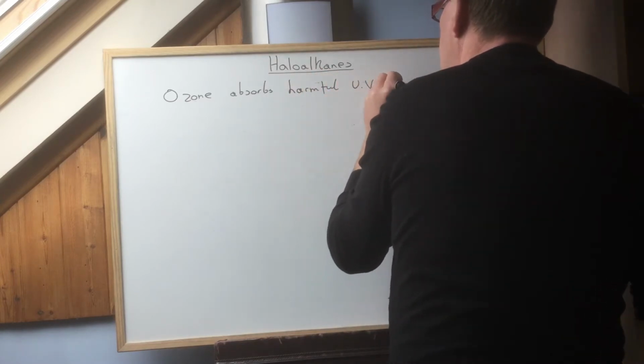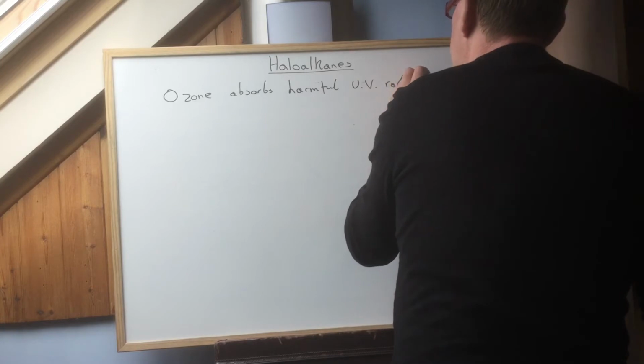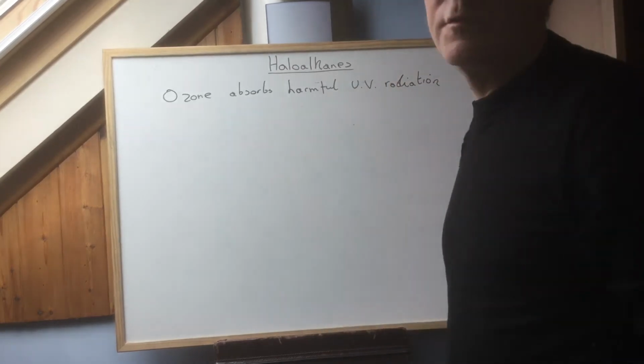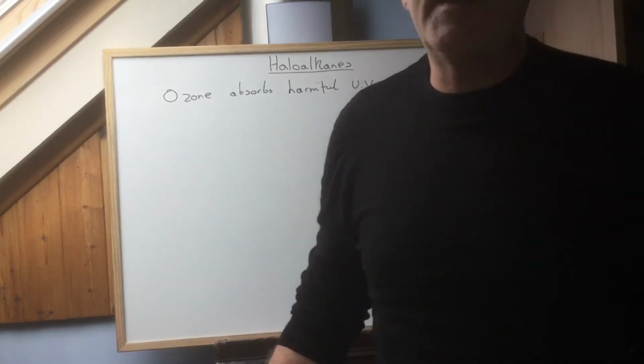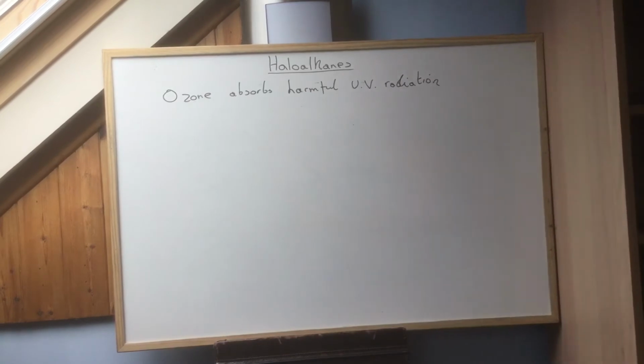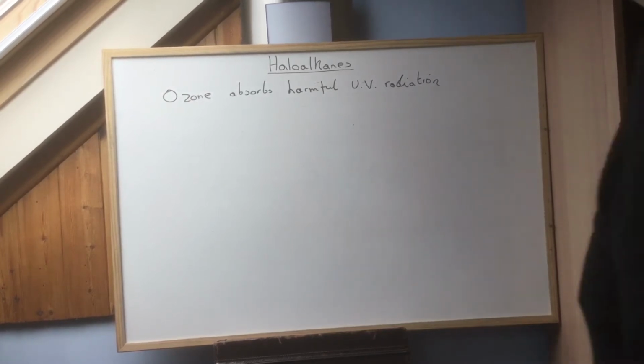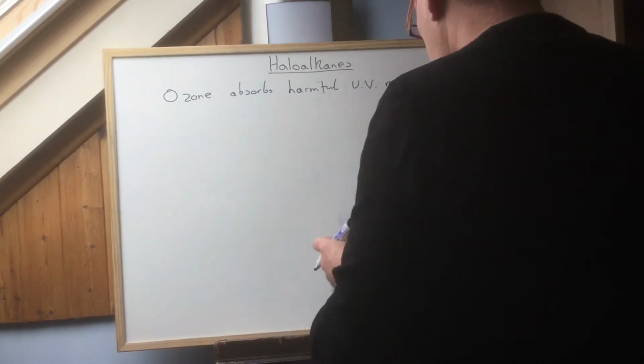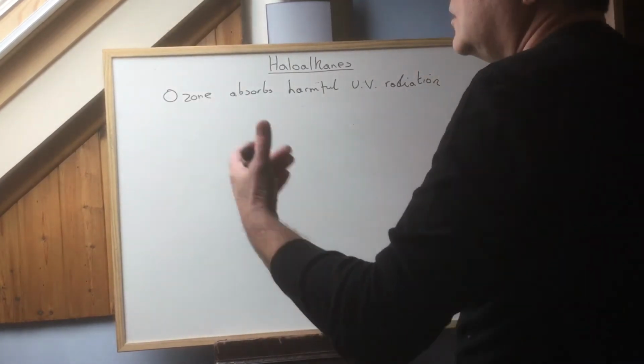So we have an ozone layer that absorbs harmful UV radiation from the sun. Sure, some UV gets through, that's absolutely great, but some of it doesn't, and we need to be aware of that. So it absorbs harmful UV radiation. That's what the ozone layer does, stops it coming through and harming us.